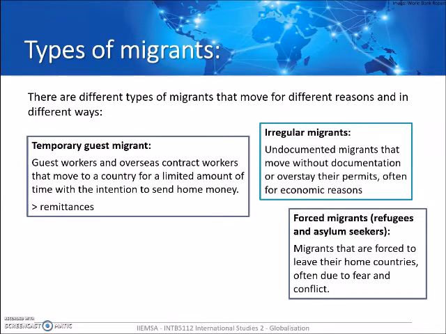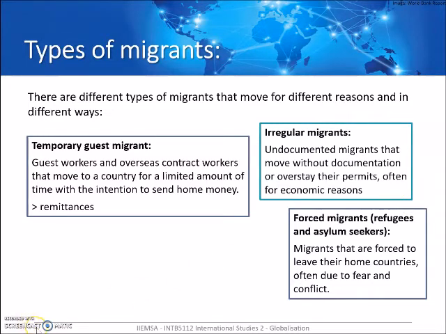These are migrants that often have to take great risks in order to migrate, that have to take very difficult and very dangerous journeys, be it over land, be it over water, in order to get to a hopefully better life, right?